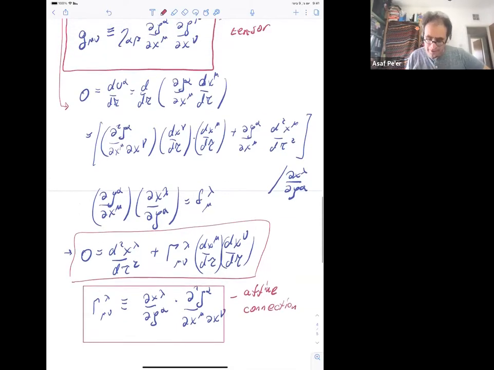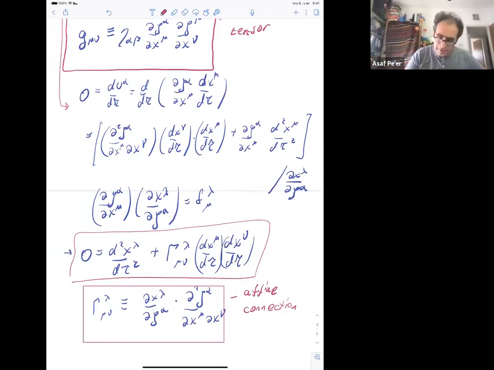This is the equation of motion of a free particle. There are no forces acting on the particle, but it is observed from an arbitrary coordinate system, not an inertial coordinate system.